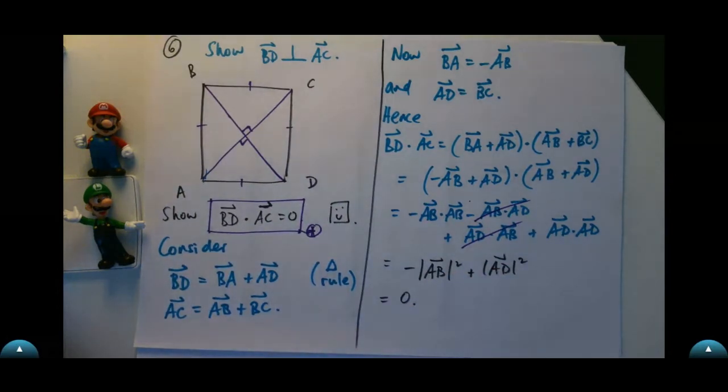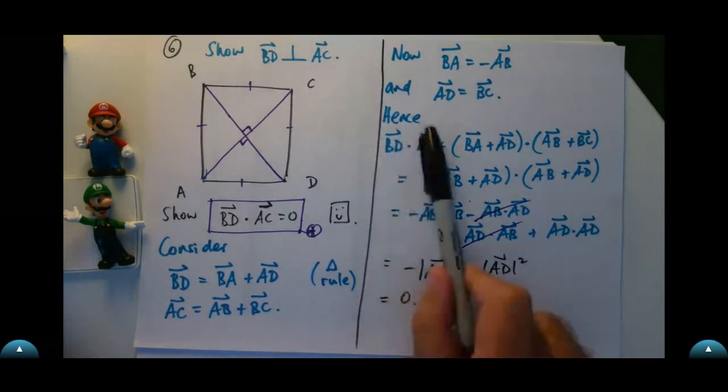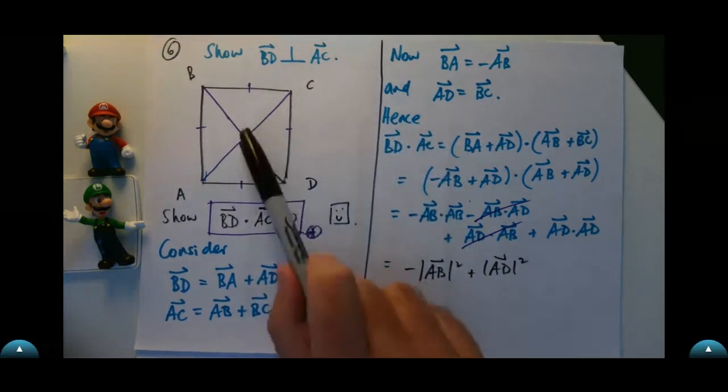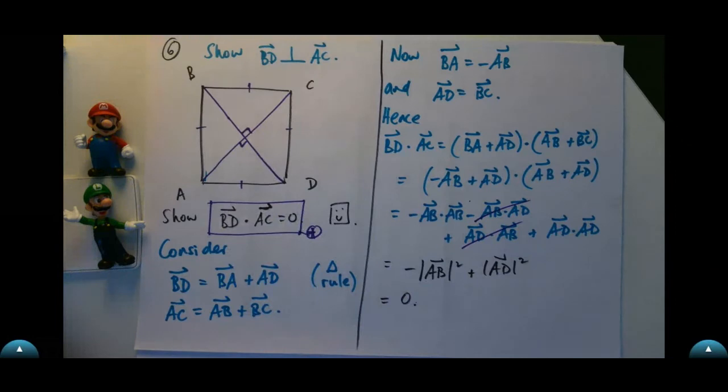So the dot product between the two vectors really is 0, and that means the angle must be 90 degrees.